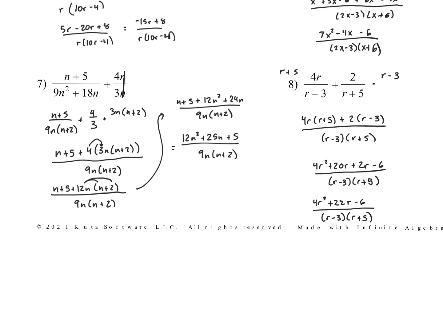Okay, I can factor out something in my numerator. I can pull out a 2 at the very least. So I'm going to do that. I'm going to pull a 2 out. So 2r squared plus 11r minus 3 all over r minus 3 and r plus 5. And that is as far as I can go. So that would be my final answer.